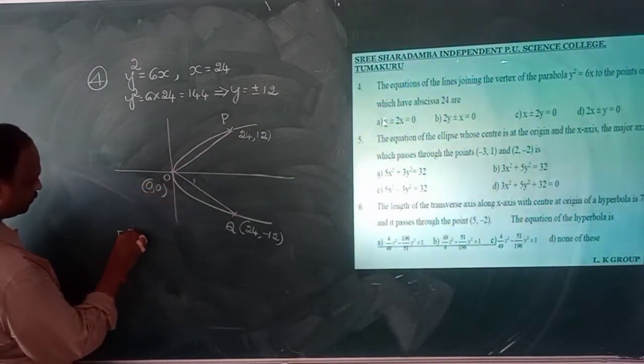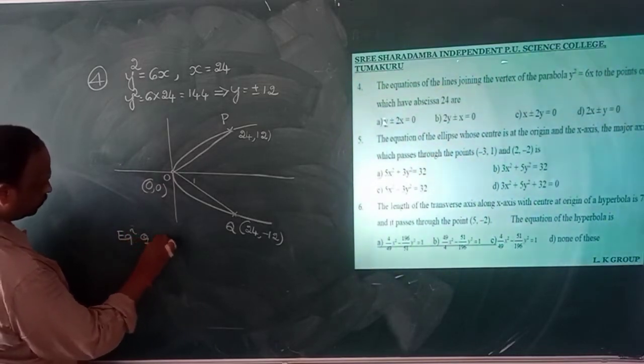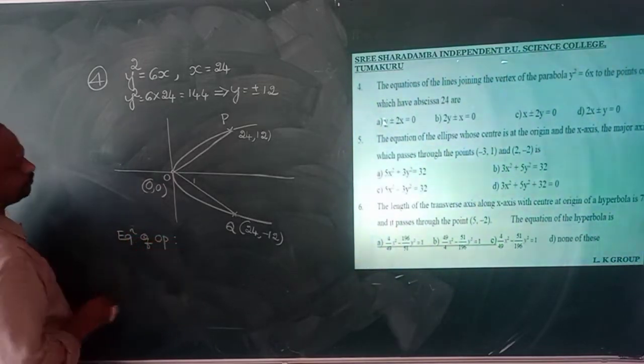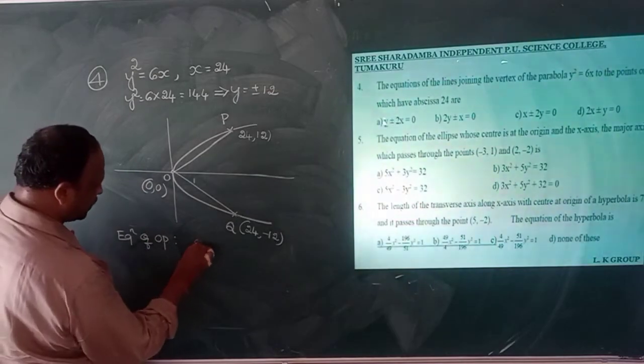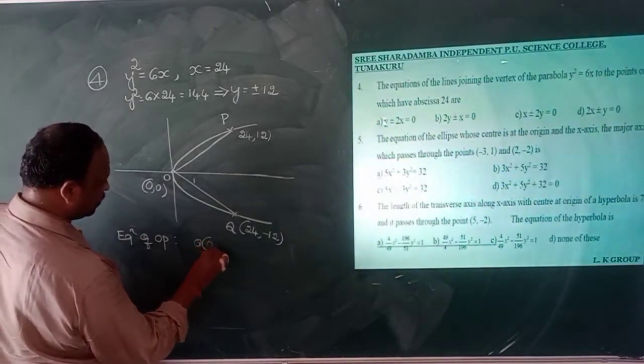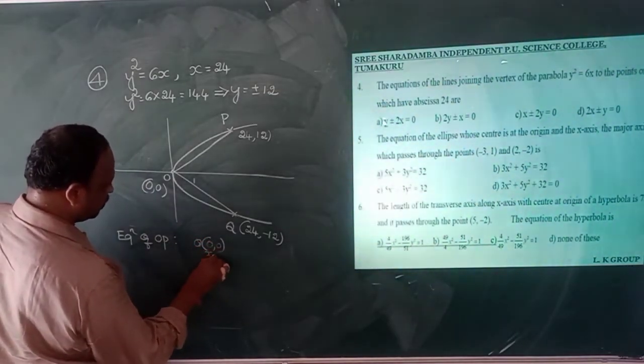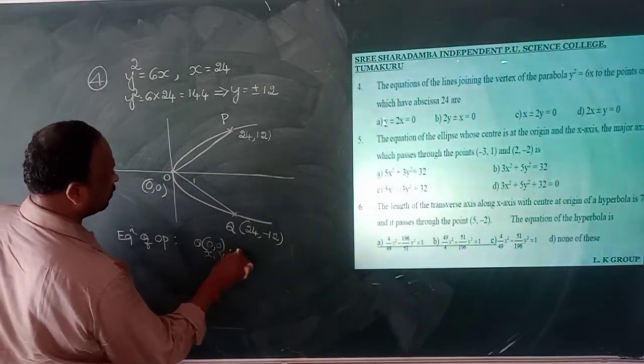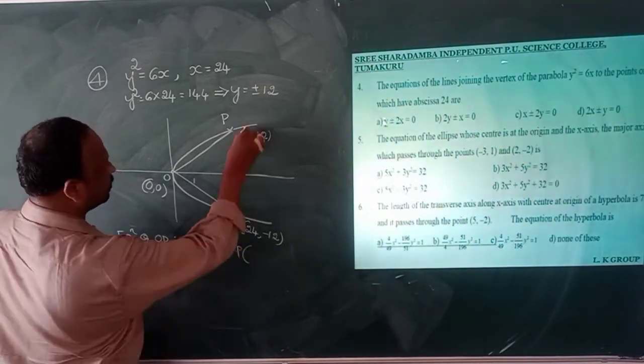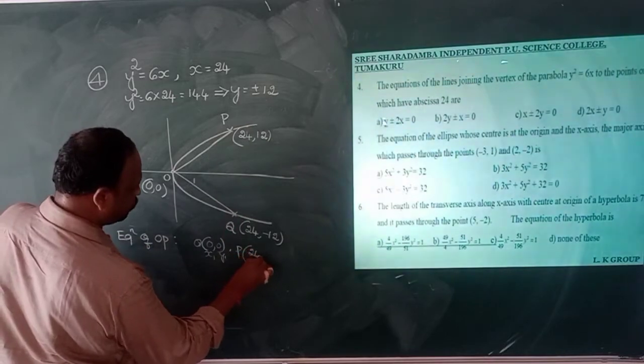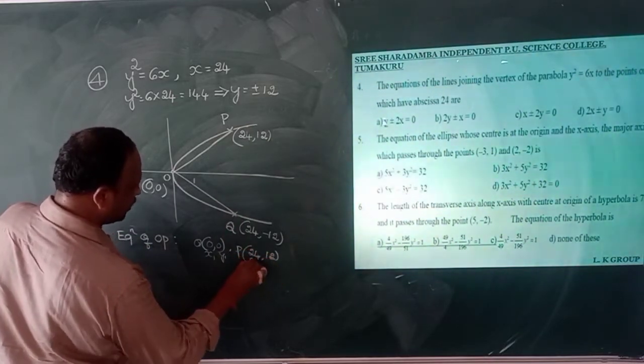Equation of OP. Let us take O as (0, 0), that is (x1, y1), and P as (24, 12), that is (x2, y2).